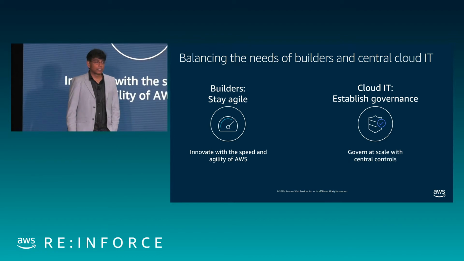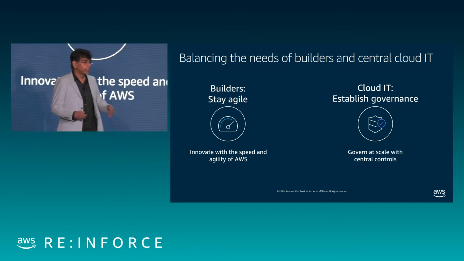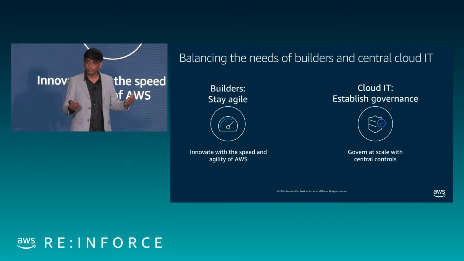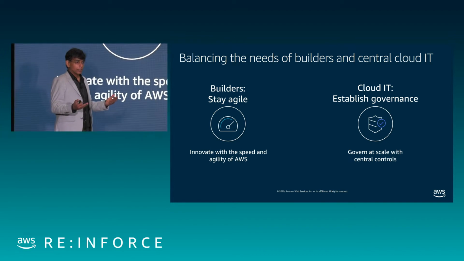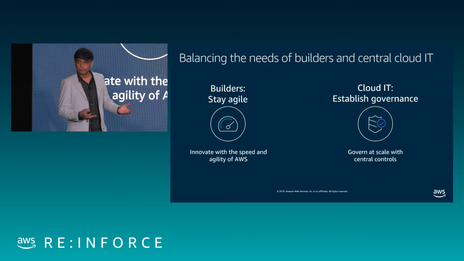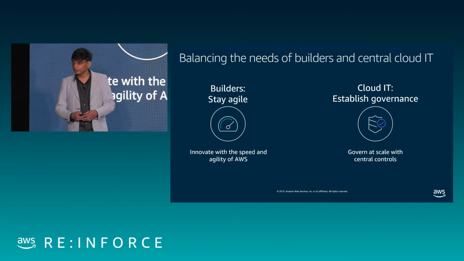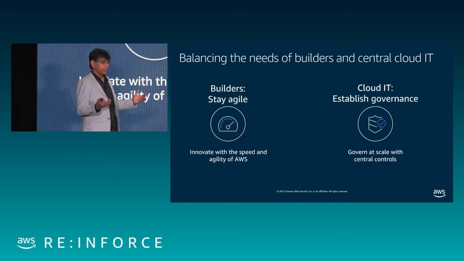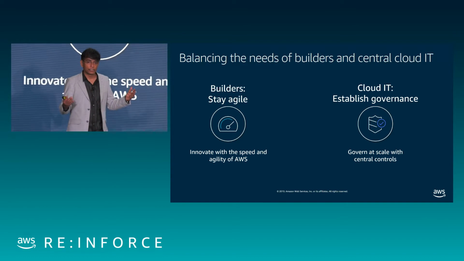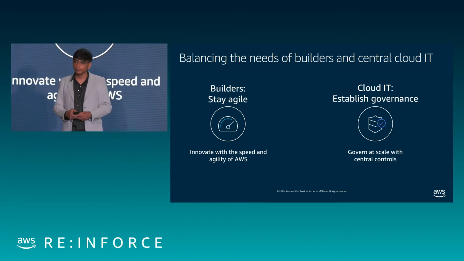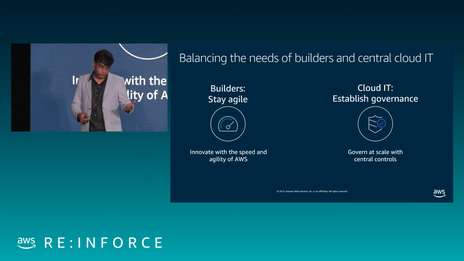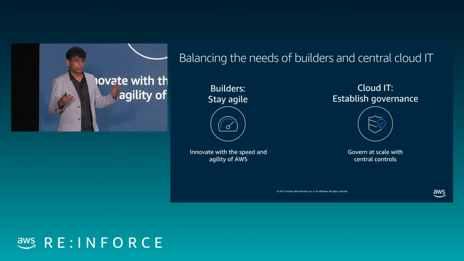So typically, enterprises have had to deal with traditional compromises between balancing the needs of the developers with the needs of central cloud IT teams, also called Cloud Center of Excellence in many enterprises. Developers want the agility, they want to innovate.